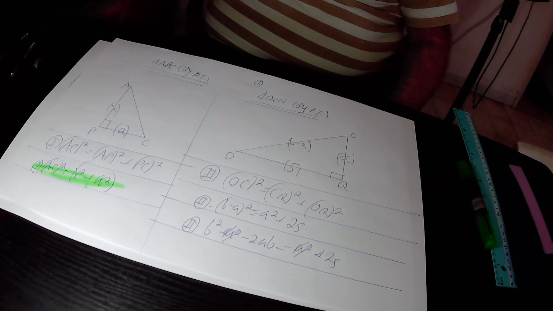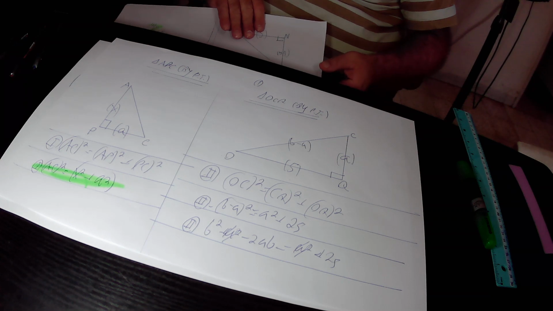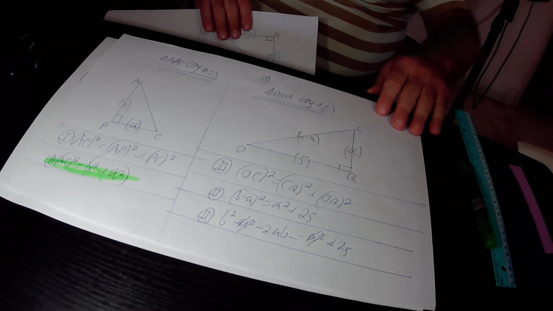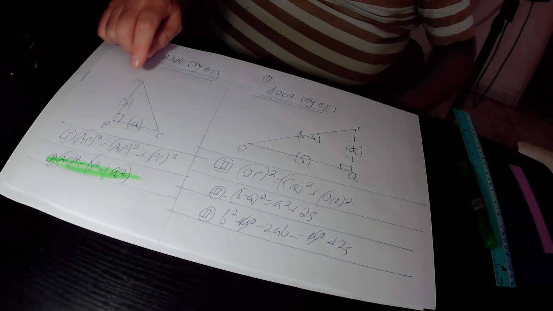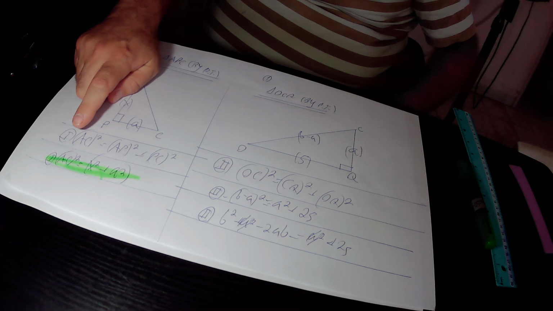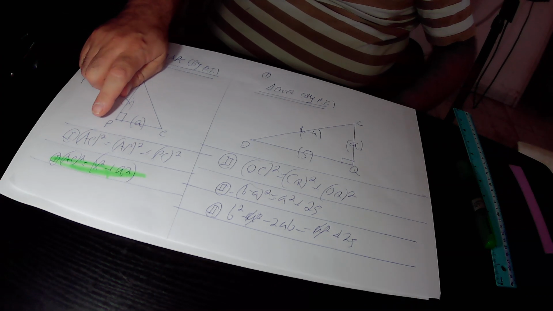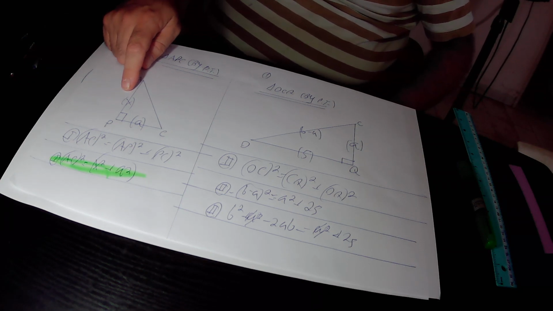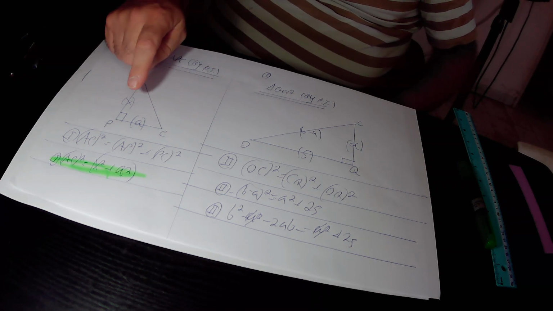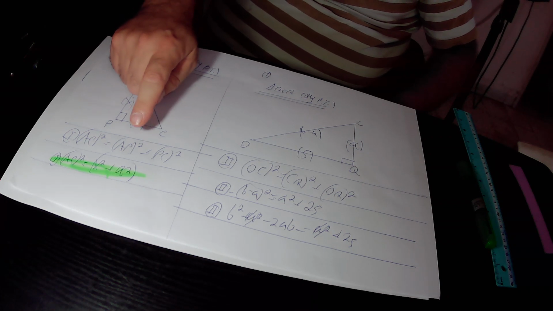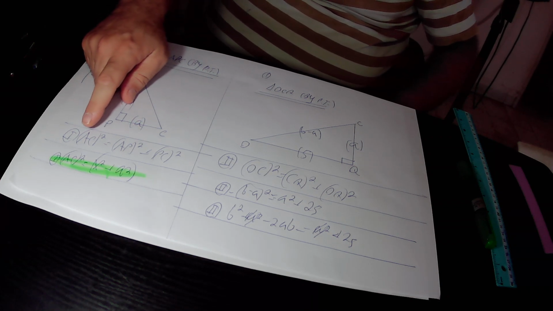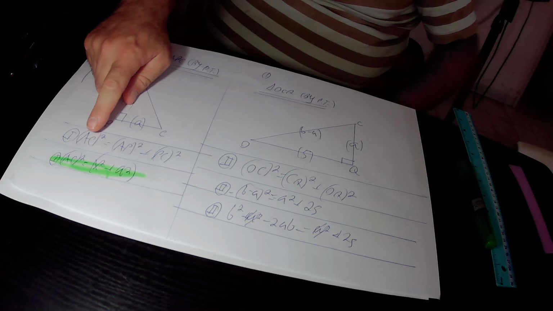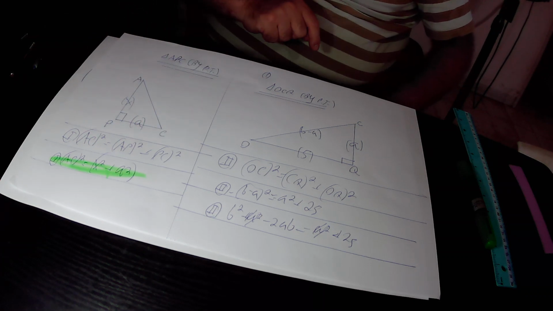According to equation 1, AP is x, therefore AP squared is x squared, plus PC squared. PC is a, therefore PC squared is a squared. So in total, according to equation 1, AC squared equals x squared plus a squared.